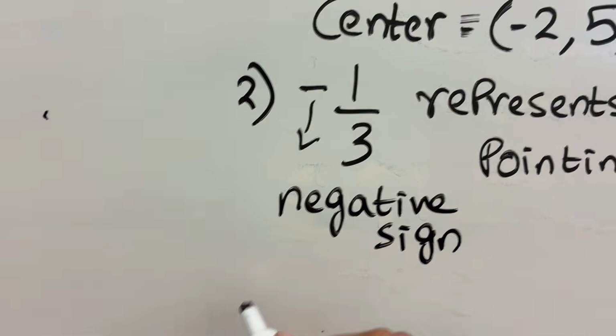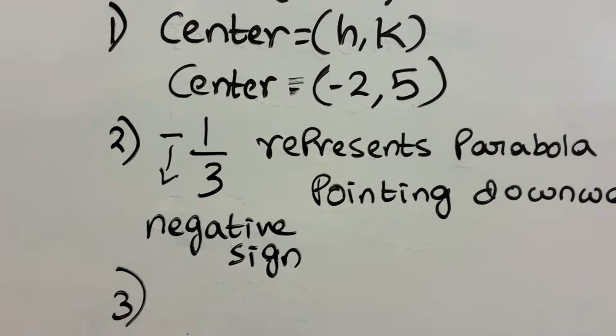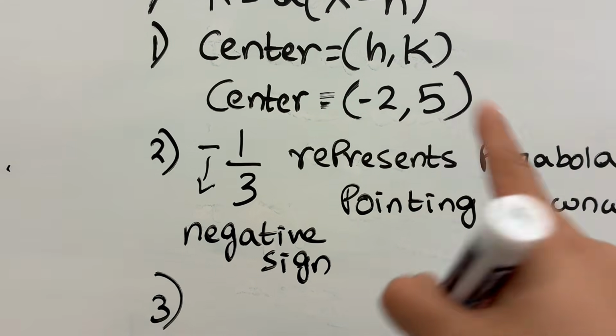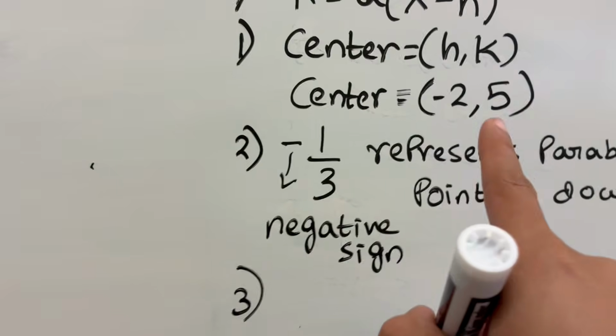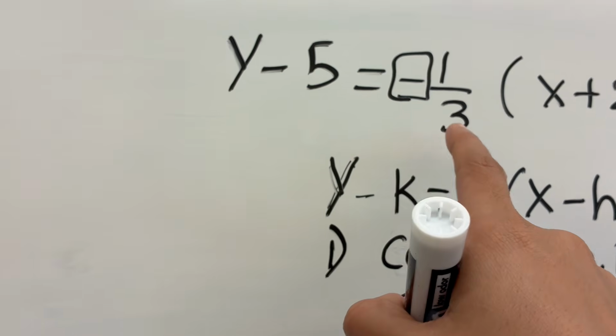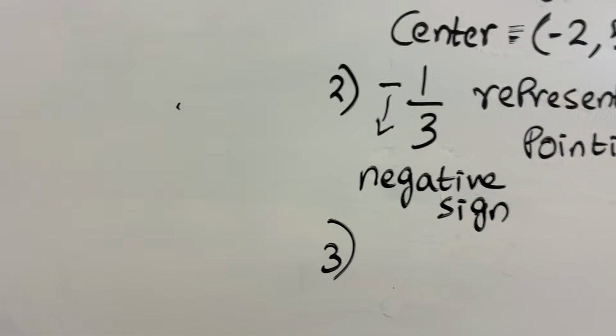Now, my third step would be finding two more points. As I know my center, I need to find out the points to the left and to the right, the equal distance points from the center. So for doing that, when I see minus 1 by 3 here, it means 3 units, and the negative sign is 3 units down.